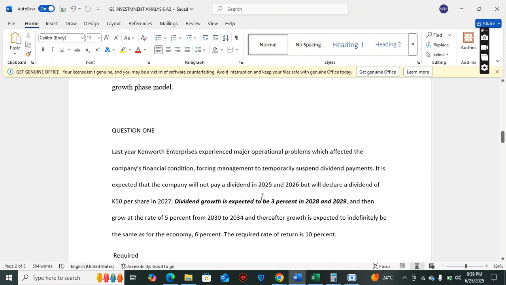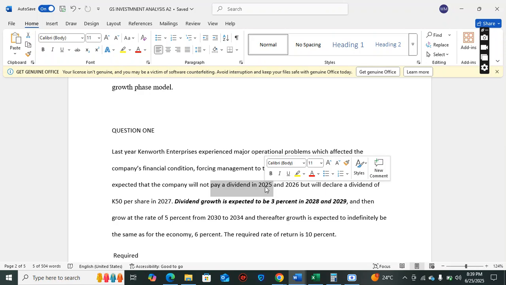Yes, 2024, because it says it is expected the company will not pay a dividend in 2025. If they said this year, we would have assumed that, but they said 2025, so we're saying next year, basically.